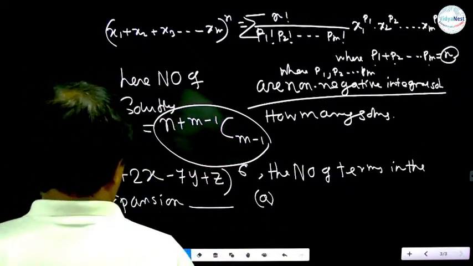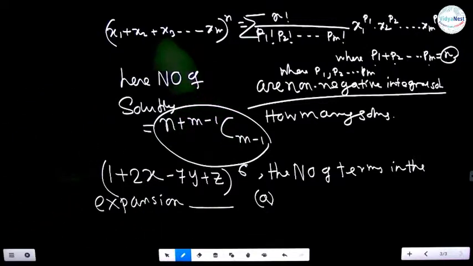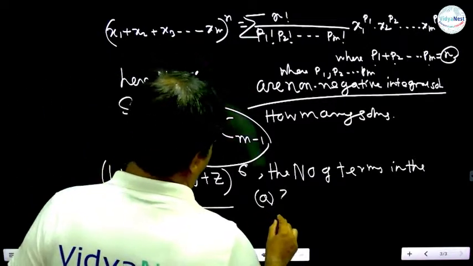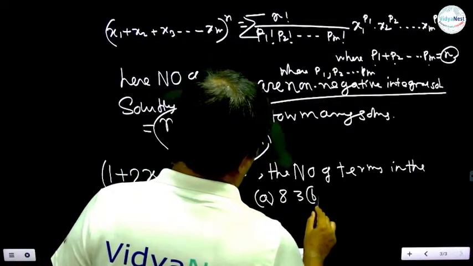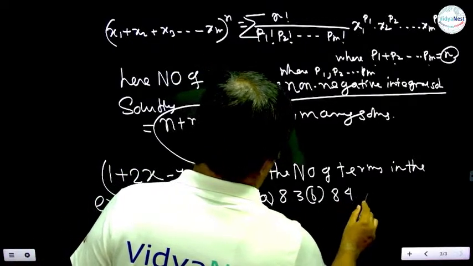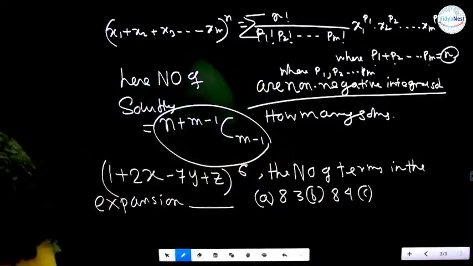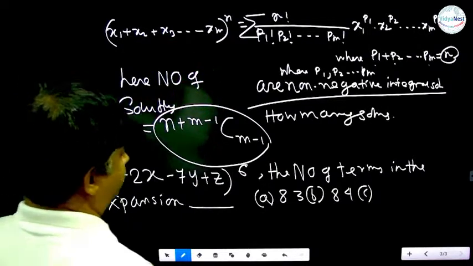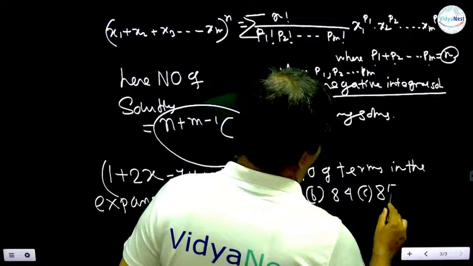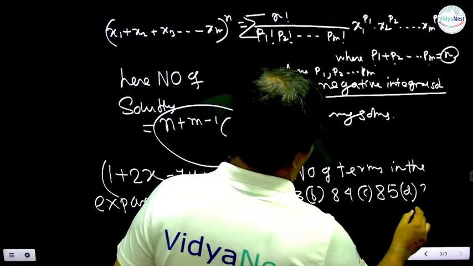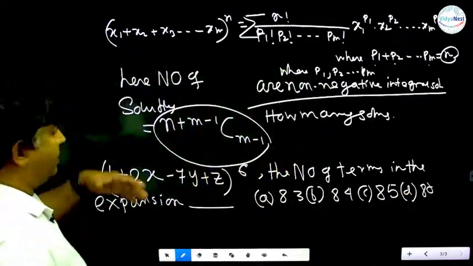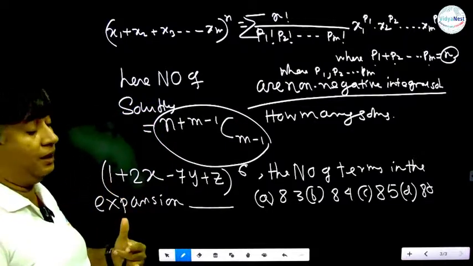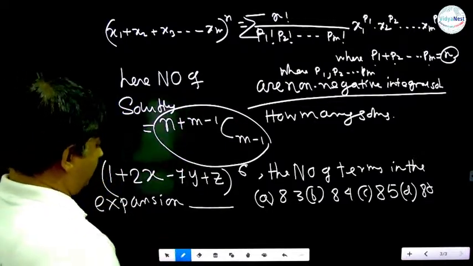Option A 83, B 84, C 85, and D 80. So once we know this formula, we can answer it in a second.